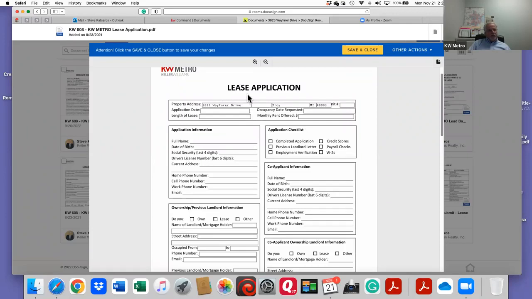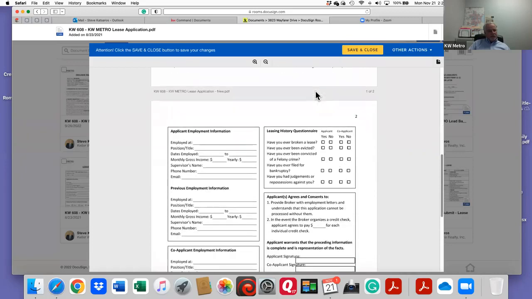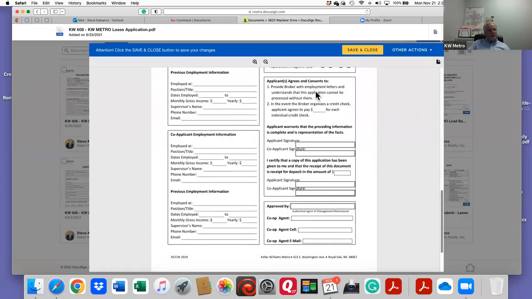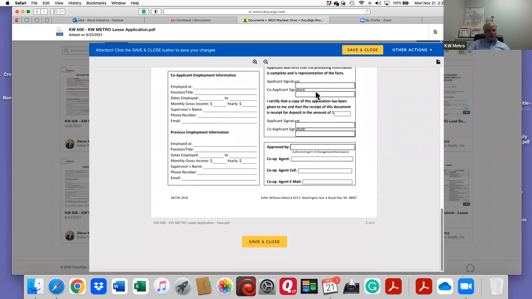Again, most of the time, hopefully you've got your landlord set up so they're doing this electronically. The tenant will not have to fill out this form most of the time. You can put this as an attachment on the MLS in case the landlord is not embracing the third-party vendor, so that the tenant can then fill it out. But there's a lot of information on here that typically you as the agent shouldn't be seeing. It's none of your business.